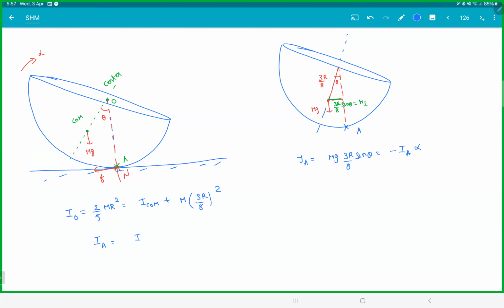IA will be ICOM plus... Shit, these distances are bad. We have to find this distance. I exaggerated the figure too much. If you see now, theta is negligible, so the distance is actually almost... it should be 5r/8.